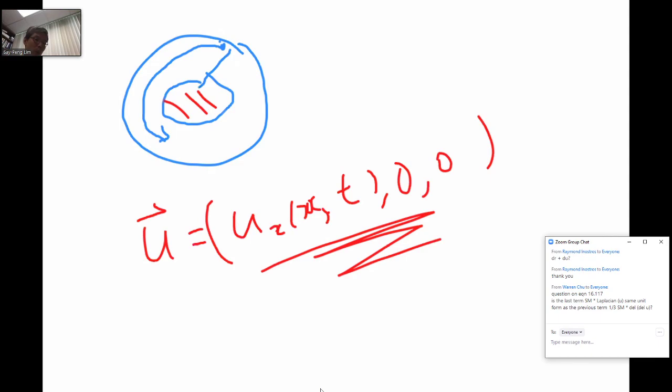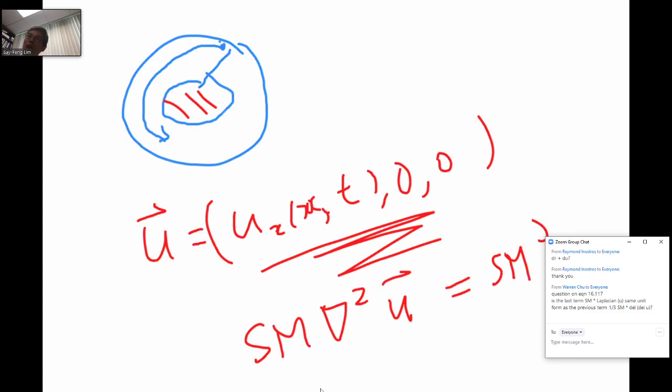For example, the second term, the shear modulus times the Laplacian of u, becomes the shear modulus times partial squared u by partial x squared, u sub x for that matter. And then the other components are 0, so I can write it like that, u of (x, t), 0, 0.